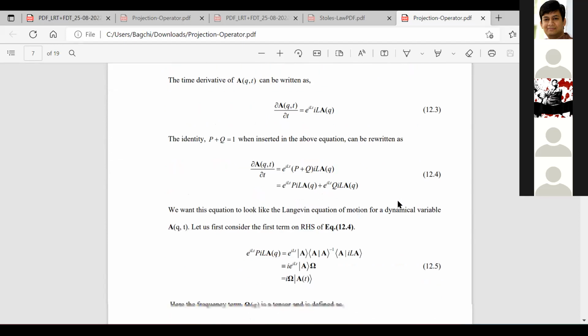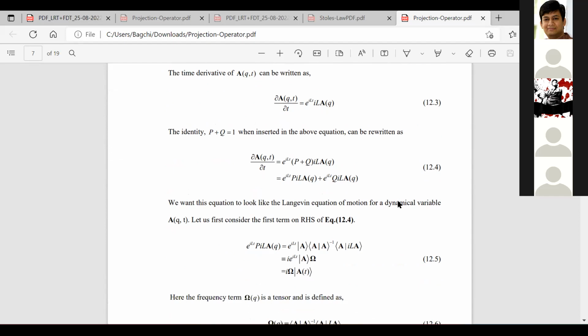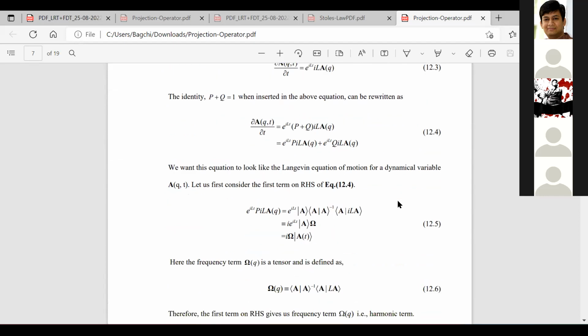So you put the P plus Q there because of iLA. Many people have done this many times, and then you get two terms. Then again, just like before, you are going to work on them. You say e to the power iLQt, then that becomes A dot. And I projected on LA, so iLA will become A dot, remember.